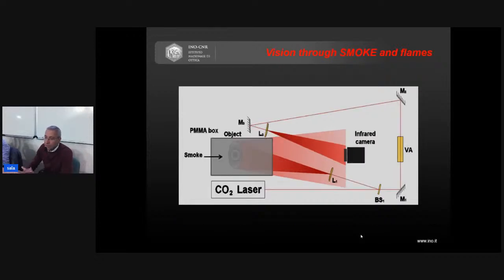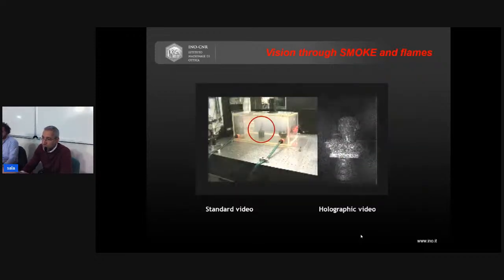To demonstrate visibility through smoke, we inserted the sample inside the plexiglass box and filled it with smoke. And as you can see here in this video, while the sample disappears in the smoke, its holographic image remains clearly visible.